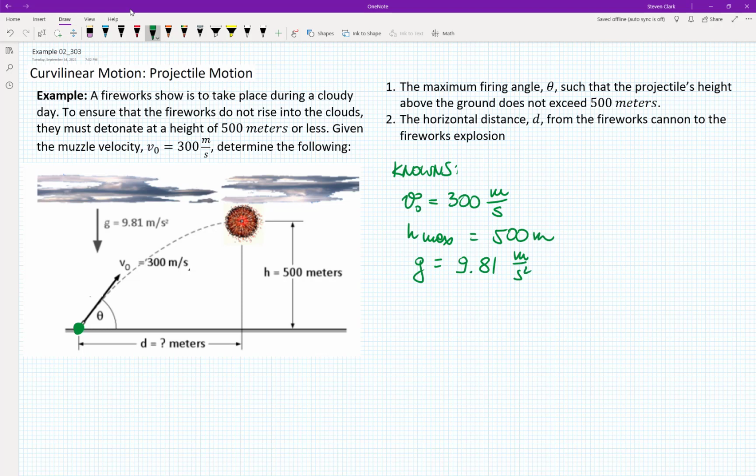Okay, and that H max defines the peak of that parabola, yes? H max tells us how high that parabola is. And by the way, this is our trajectory right now. It's a parabola. Okay, what do they ask us to find?